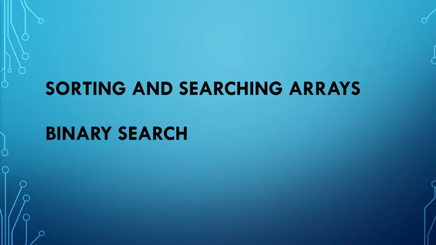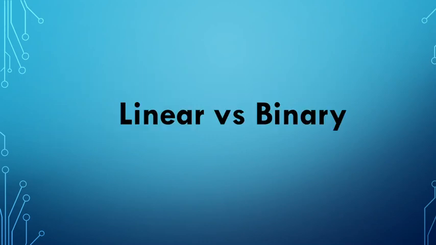So today we are going to move on and look at an algorithm to search a sorted array. Now, in chapter 7 we already looked at finding an element in an unsorted array, and we called that a linear search. I'm going to compare both of these algorithms with you.